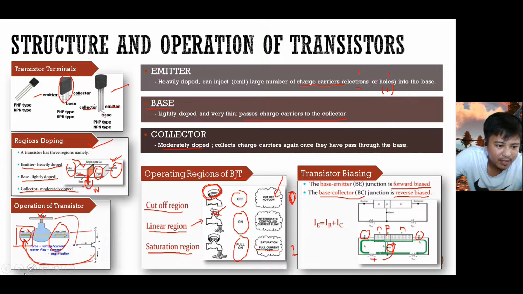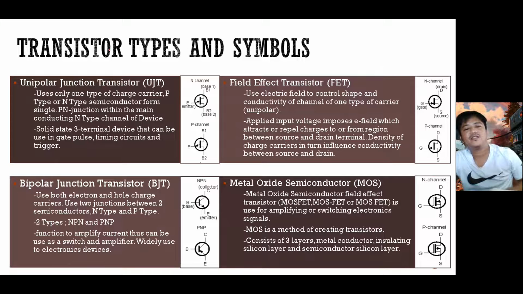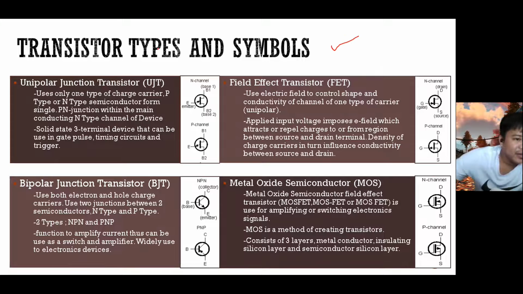Next one will be the transistor types and symbols. Okay, so we have here, just like what I said earlier, the unipolar junction transistor or the UJT, the bipolar junction transistor BJT, the field effect transistor FET, and the metal oxide semiconductor FET or MOSFET.